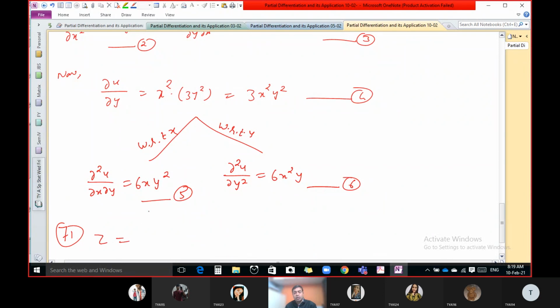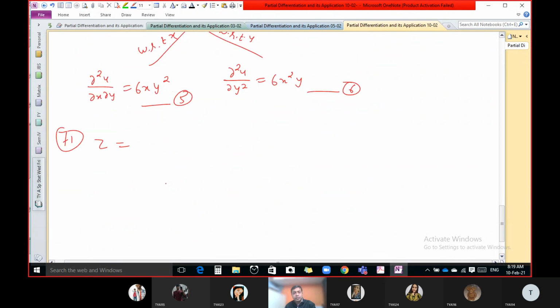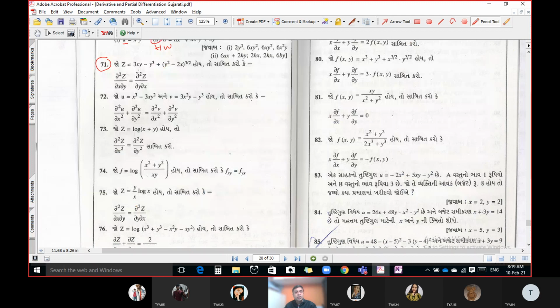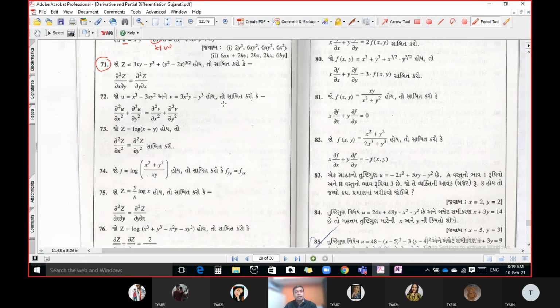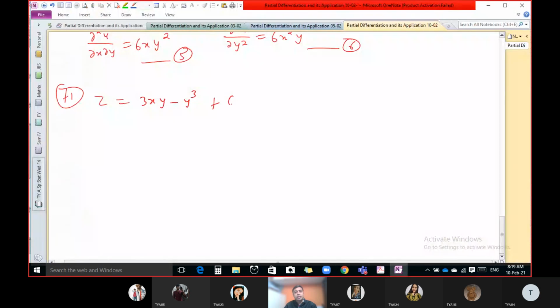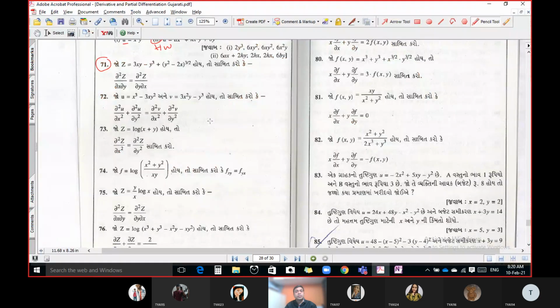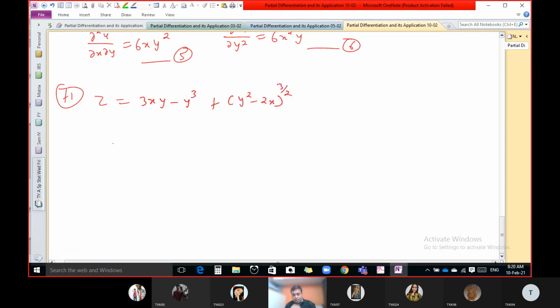So z equals 3xy minus y cube plus y square minus 2x whole raised to 3 by 2. Okay, now let us start.